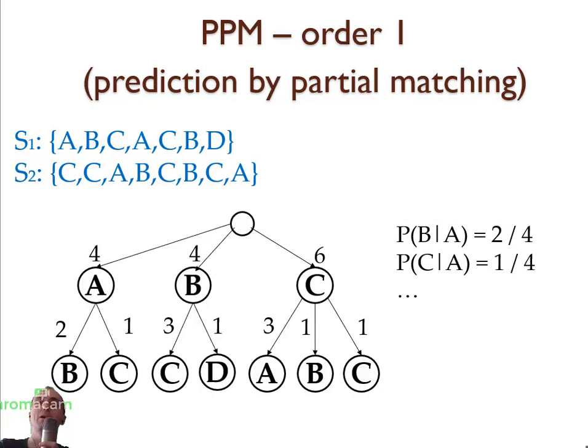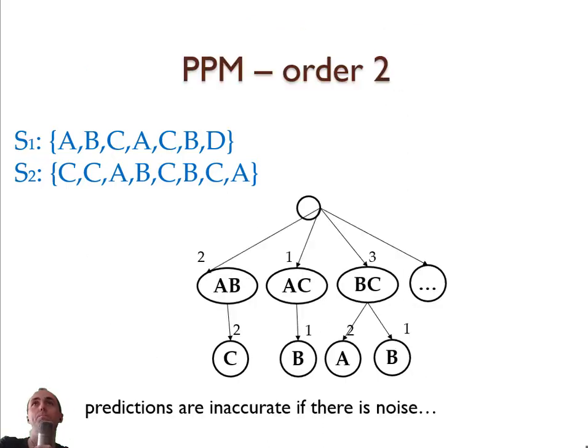Now we can also build a model PPM order 2. It is the same idea, but we will use 2 symbols to make the predictions instead of 1. So here we build a tree like before, but we use 2 symbols to make the prediction. At the first level of the tree, we have all the combinations of 2 symbols, one after the other.